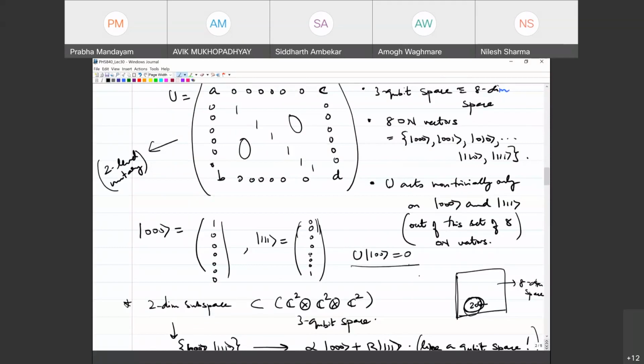Do you understand? Siddharth, right? Who asked the question? So this is diagonal, trivial action. But there are ones on the diagonal, so you can't ever get 0, right?